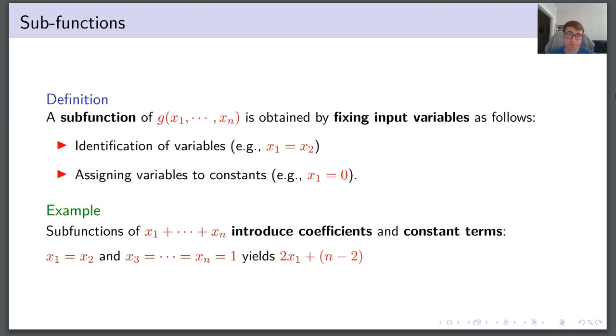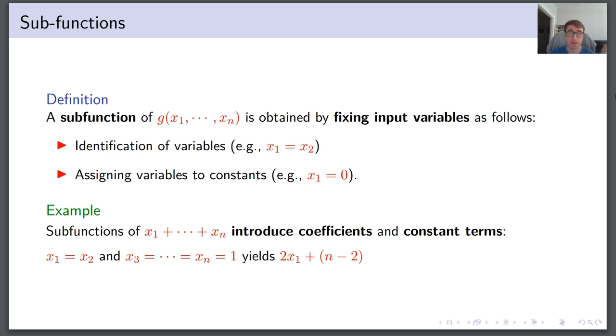So what we're kind of beating around the bush of here is the concept of a subfunction. A subfunction of some function g is obtained by fixing input variables in the ways that we just did. So we can identify two input variables, or we can assign input variables to constants.